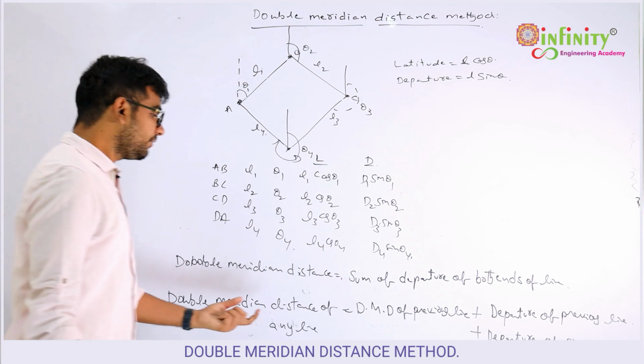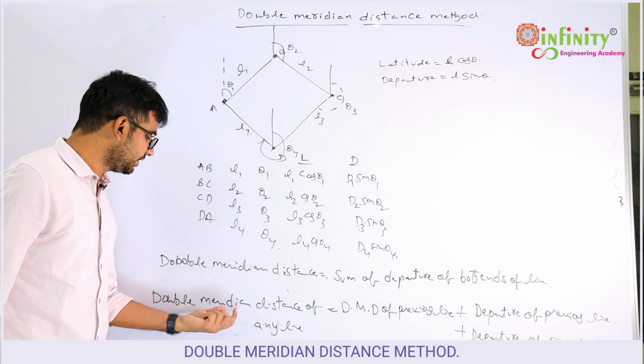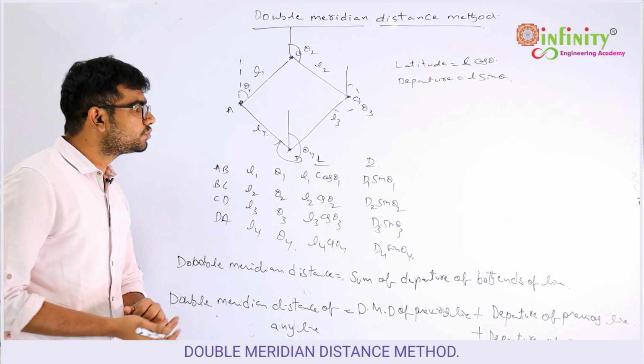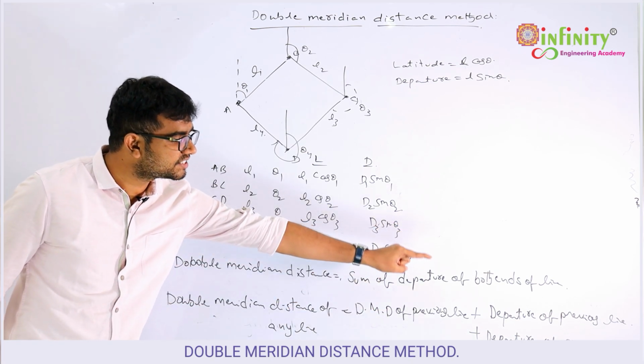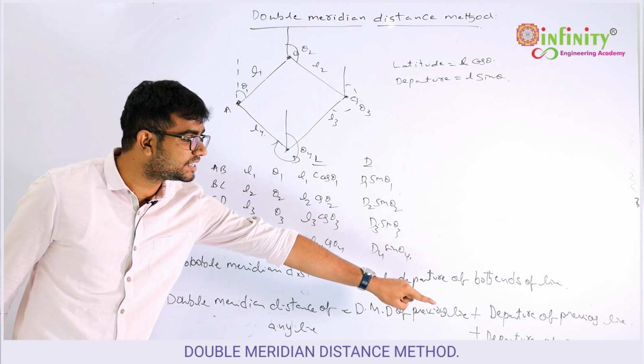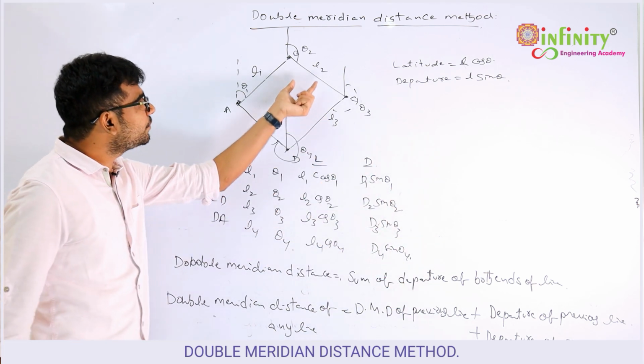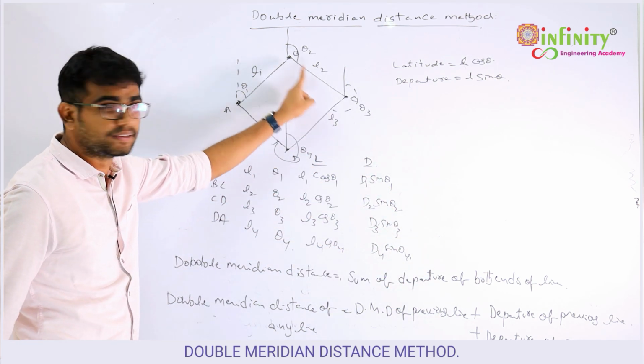So this is the formula we use to determine the DMD of any line. Suppose you want the DMD of the line BC.